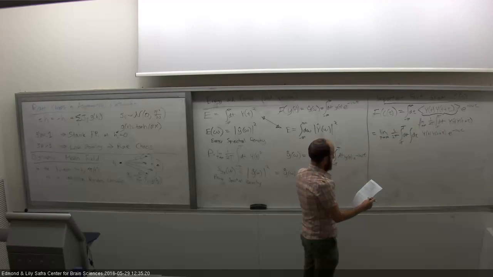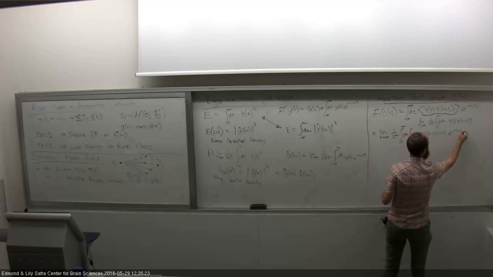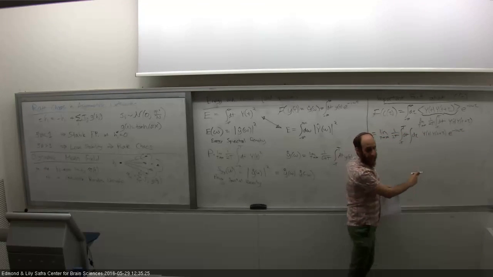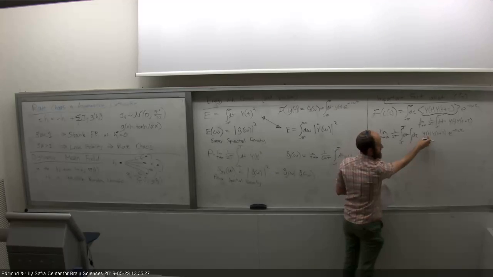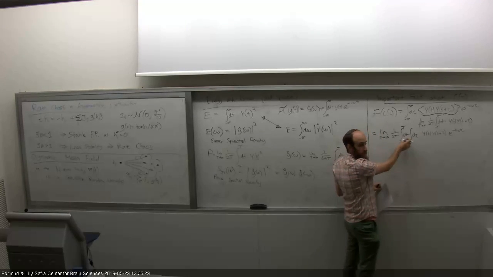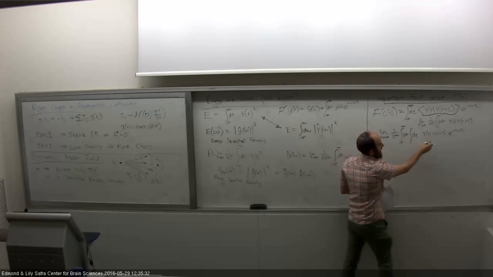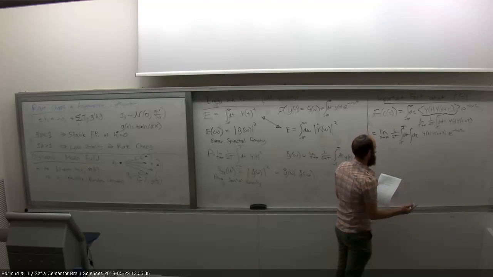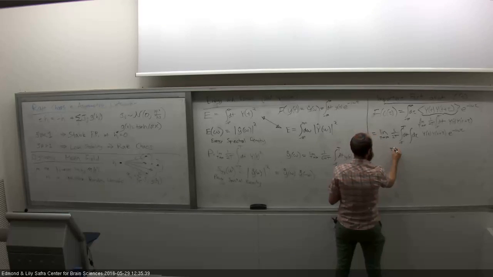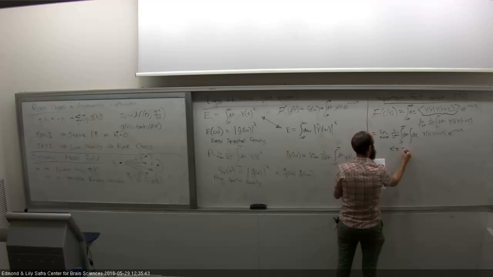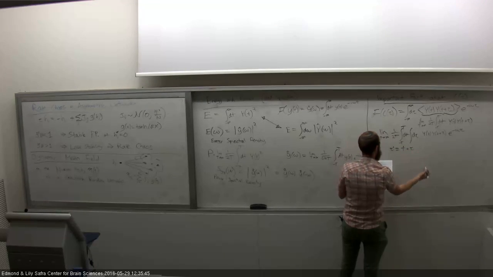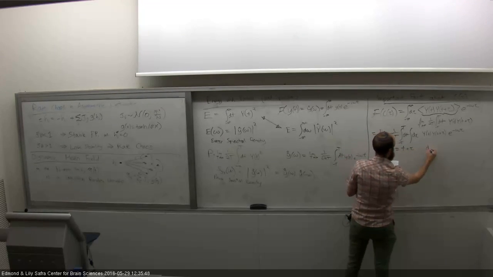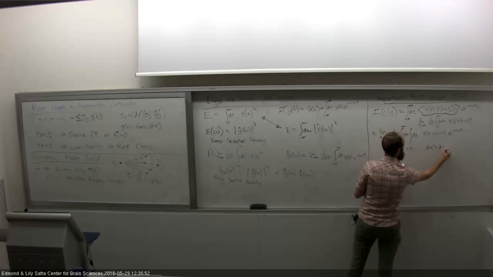Now, this term y of t is independent of tau, so we're going to move it to the other side, and it's only affected by this integral. Then we take the integral over tau. But we can do a useful change of variables first. We write tau prime is equal to t plus tau, so that d tau prime is just the same as d tau.